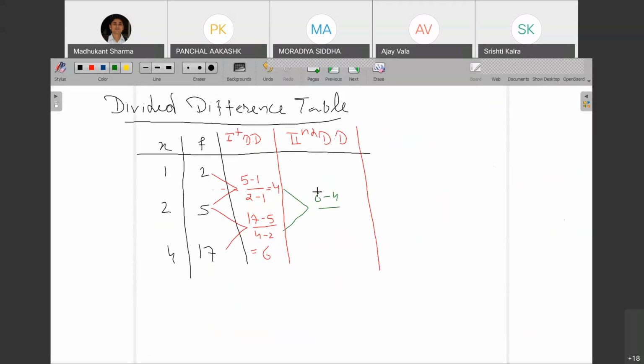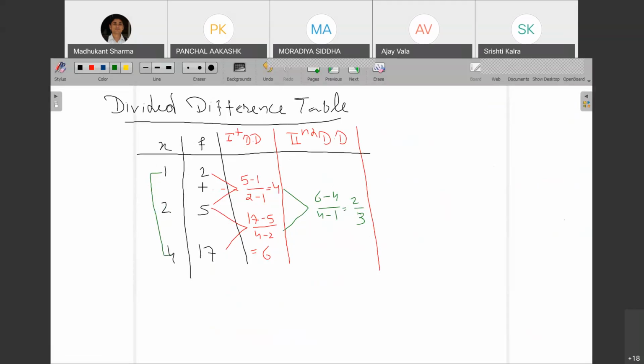In the same way, in the denominator also you go in the forward direction. Instead of 1 to 2 and 2 to 4, now you consider 1 to 4, skipping the 2 in between. So 4 minus 1, and 6 minus 4 is 2, giving 2 by 3. These are the first order and second order divided differences.